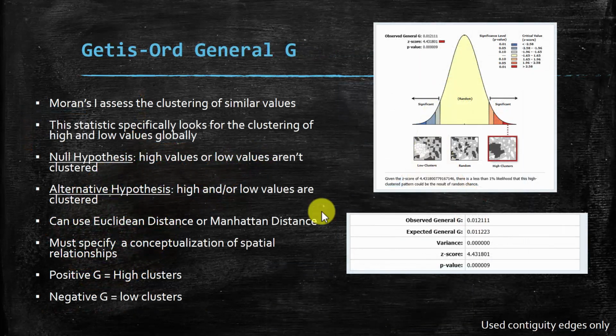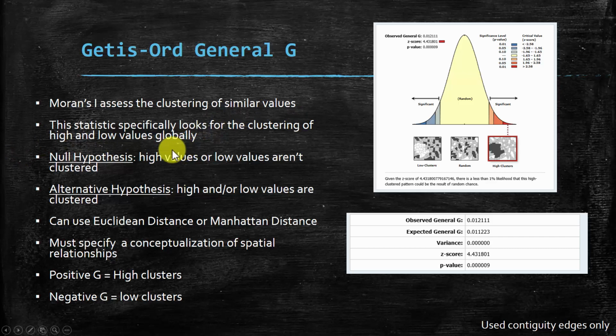Okay, another measure of global spatial patterns is the high-low clustering statistic, or general G. Basically, Moran's I assesses the clustering of similar values. Do similar features tend to have more similar values? In contrast, this statistic specifically looks at clustering of high and low values across space.